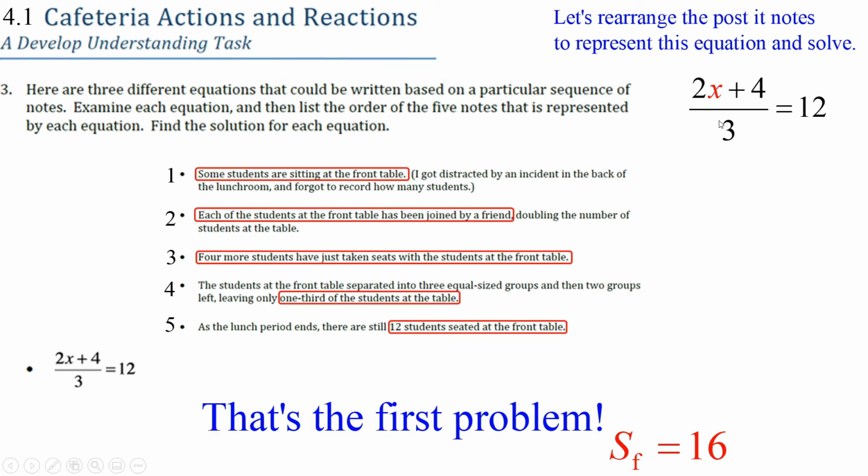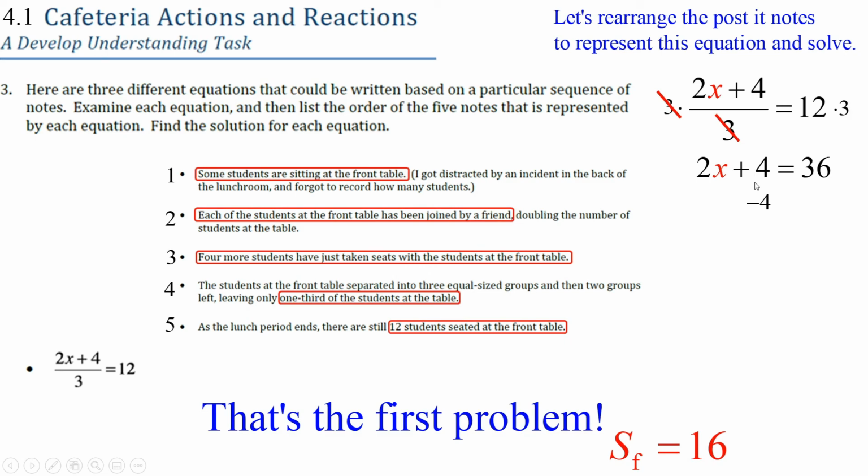We're getting closer to solving for that x. And what does 2x plus 4 have to equal? 36. Now, we've got to get rid of this addition. What undoes adding 4? Subtracting 4. So when we do that, 2x plus 4 minus 4 is just 2x. And on the right, 36 minus 4 is 32.